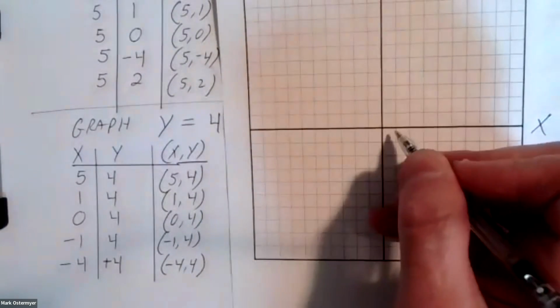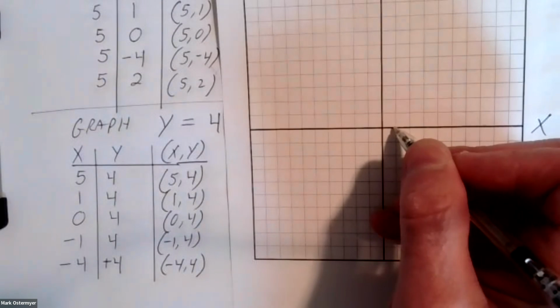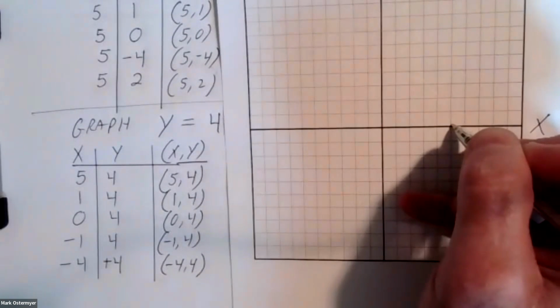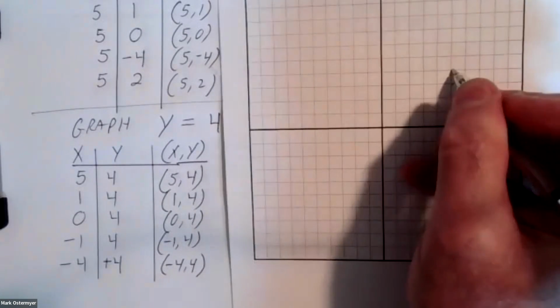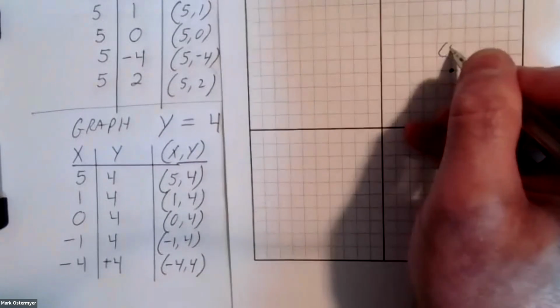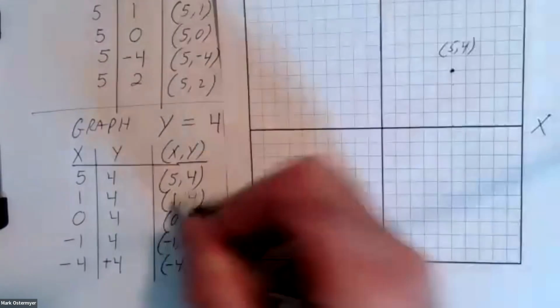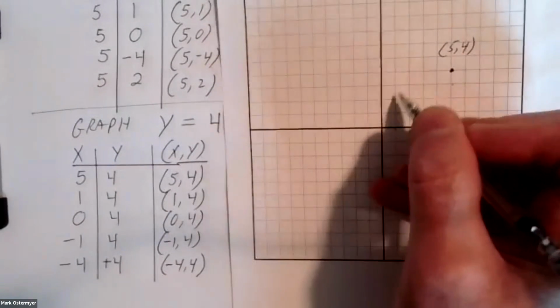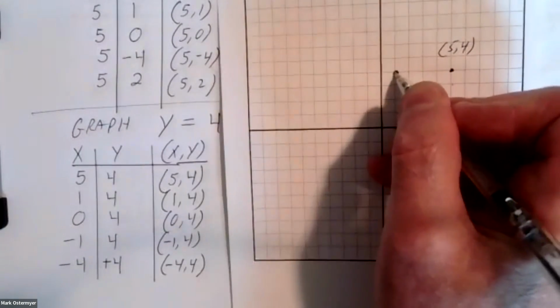Plotting 5, 4, start at the origin, go 5 to the right, 1, 2, 3, 4, 5, and then up 4. 1, 2, 3, 4. There's 5, 4. Plotting 1, 4, start at the origin, go 1 to the right, now up 4. 1, 2, 3, 4. There's 1, 4.